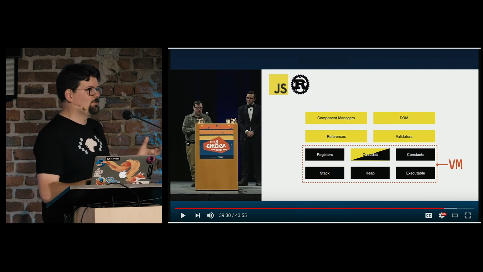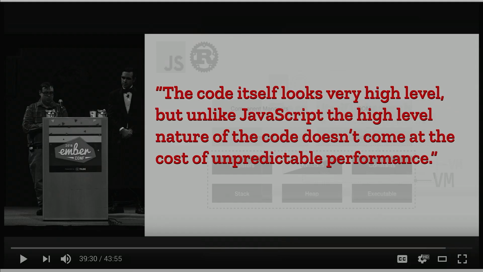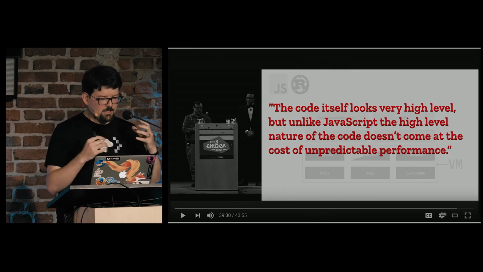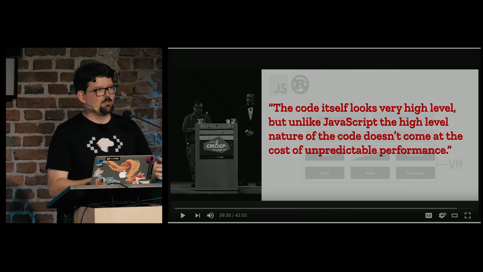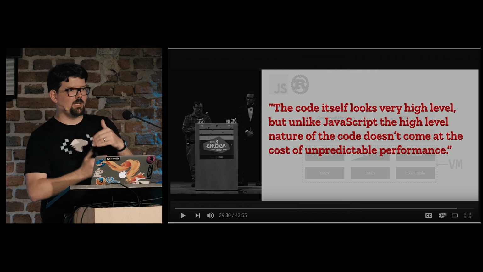And what's interesting is not so much the performance gains, but what Yehuda called out as, quote, the Rust code itself looks very high level, but unlike JavaScript, that high level nature of the code doesn't come at the cost of unpredictable performance. Because when you're doing manipulation of data, when you're doing parsing, when you're doing this low level work, being able to opt out of garbage collection gives you much more reliable performance, because your program won't stop running and let the GC sweep and then resume.